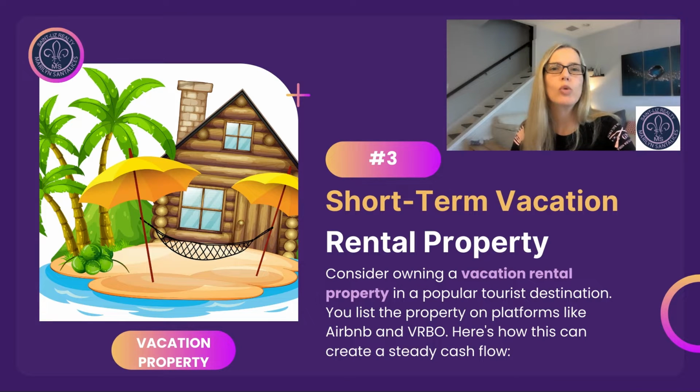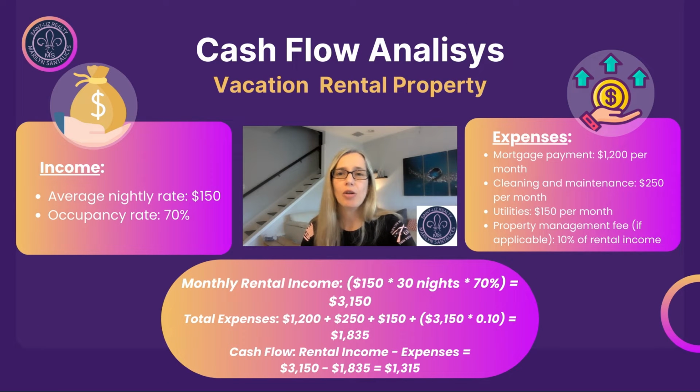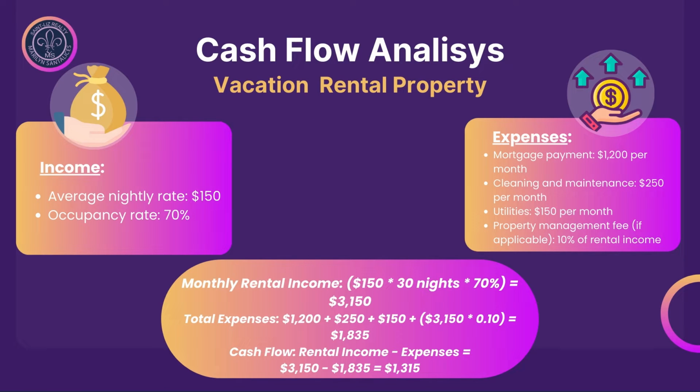The last example would be a short-term vacation rental property. Consider owning a vacation rental property in a popular tourist destination. You list the property on platforms like Airbnb or VRBO. Here's how this can create a steady cash flow. The average nightly rate is $150.